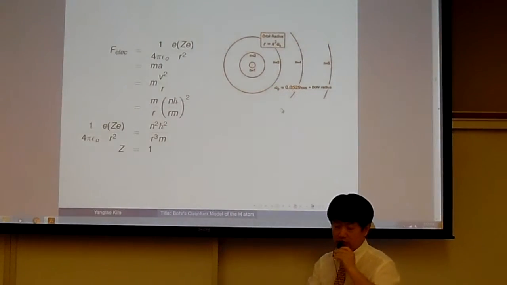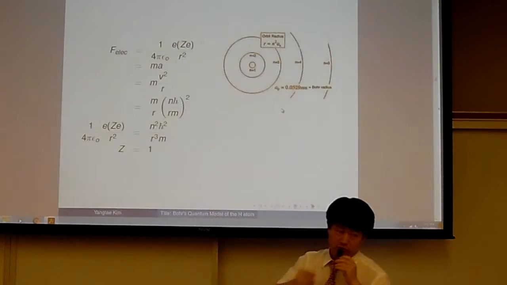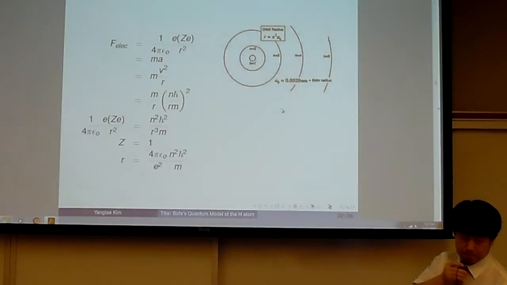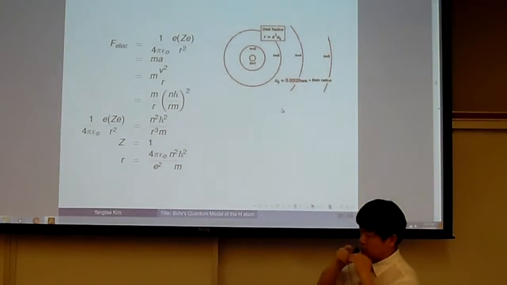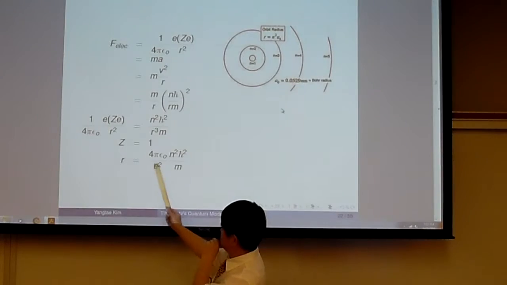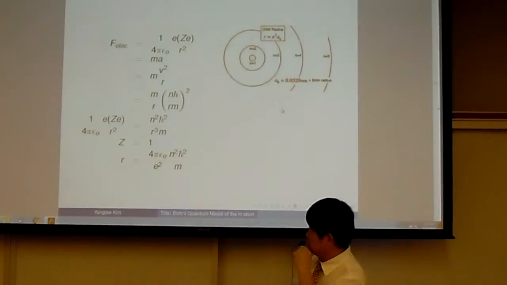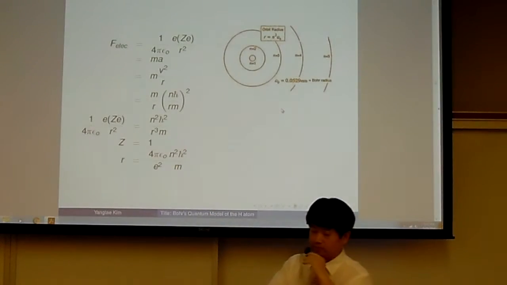For the hydrogen case, Z is 1 because we have 1 proton in the nucleus. So from that, we can calculate the radius of the electron's orbital motion. R becomes 4 pi epsilon naught n squared h bar squared divided by e squared m.